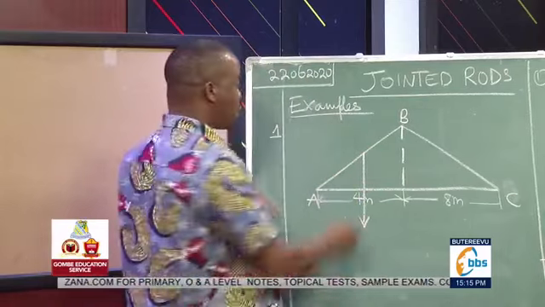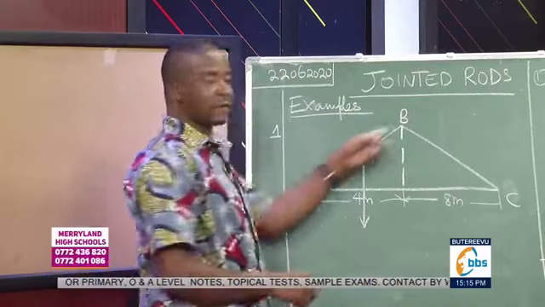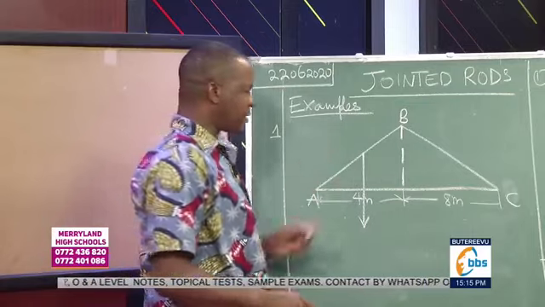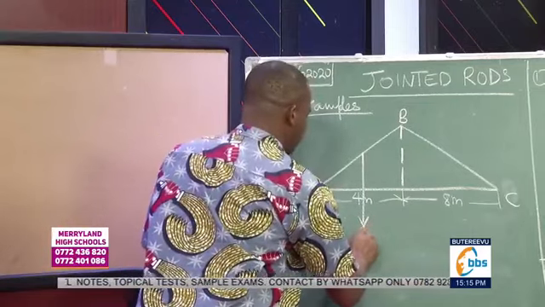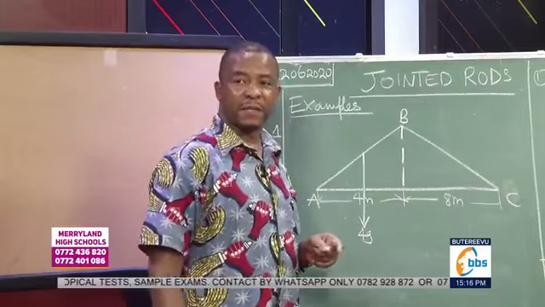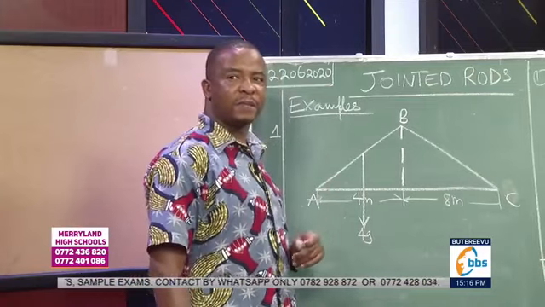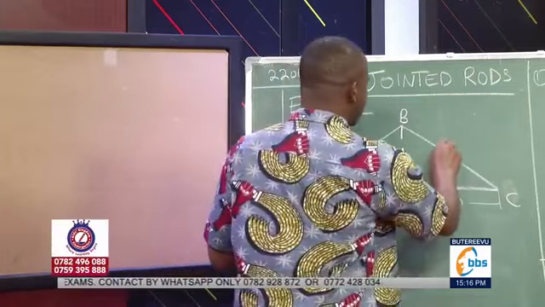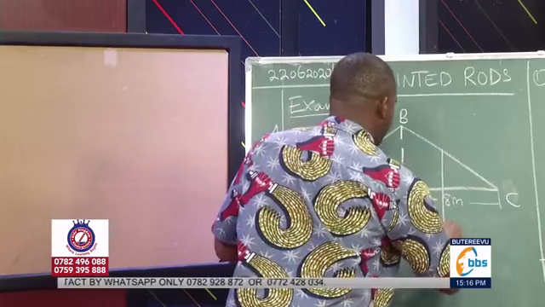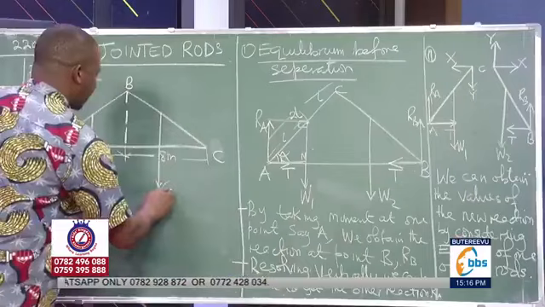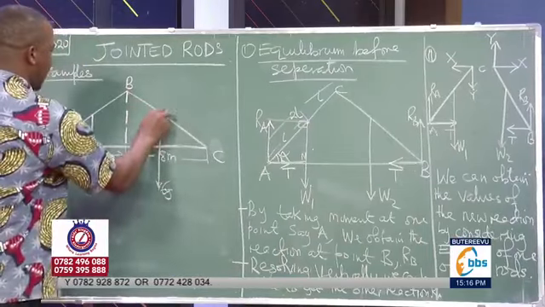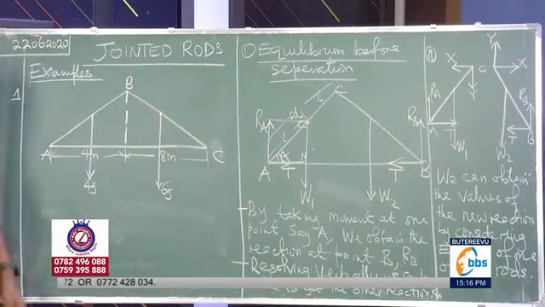My dear students, the weight of AB will act halfway along the length. And we don't need this length. For that matter, the weight is going to be 4g. And rod BC has a mass of 6 kilograms. So its weight will act halfway again along BC, and the weight is given by mg.